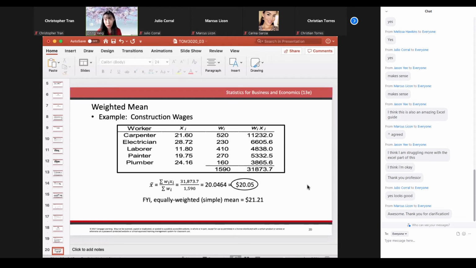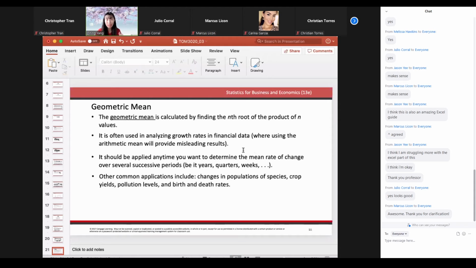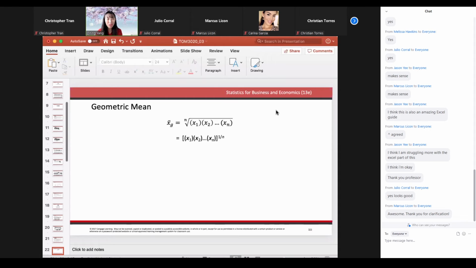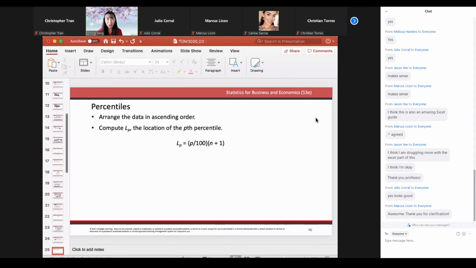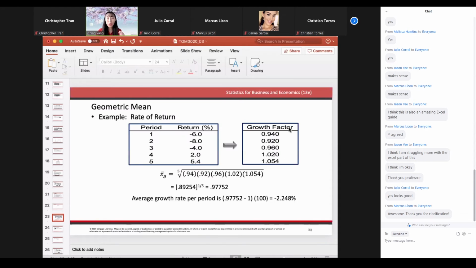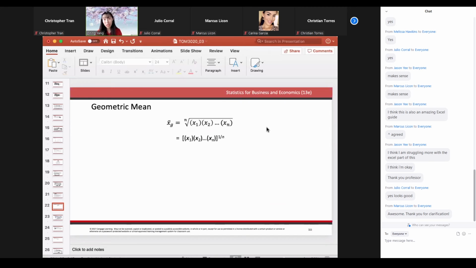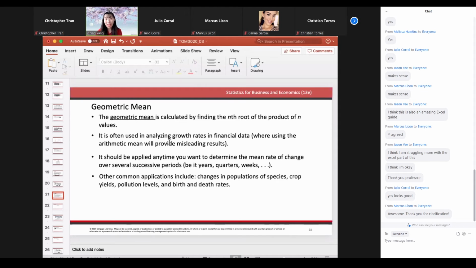The other few concepts, like I said, are of less importance for the scope of this class, but you do want to know geometric mean, percentile, and quartiles. Geometric mean doesn't do any addition or division. Instead, it does multiplication and the nth root. When do we use that?